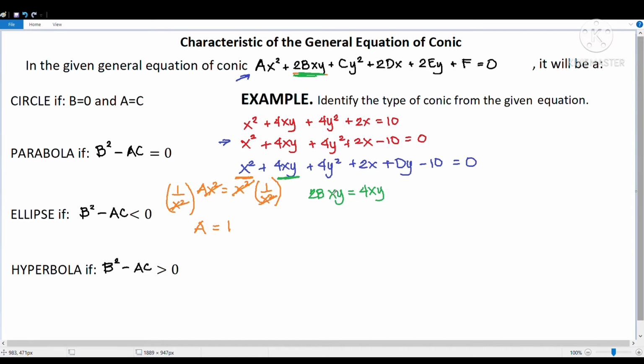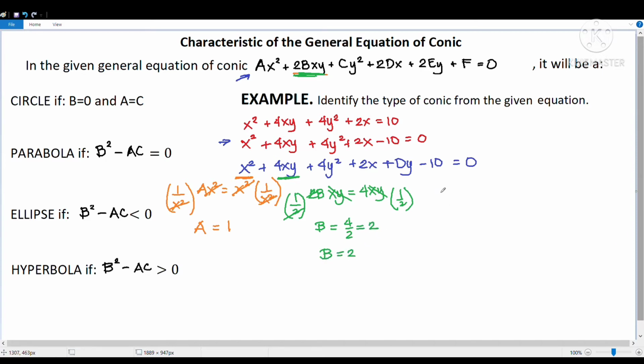We can now cancel out this xy and multiply both sides by 1/2 in order to eliminate 2 beside b, or the numerical coefficient of b, which is 2. So for our left side, the only remaining variable will be b, and for our right side, we have 4 over 2, that is equal to 2. So our b is equal to 2.